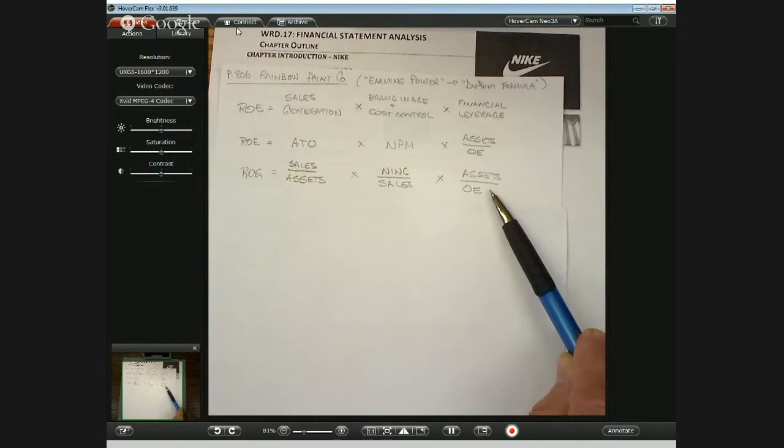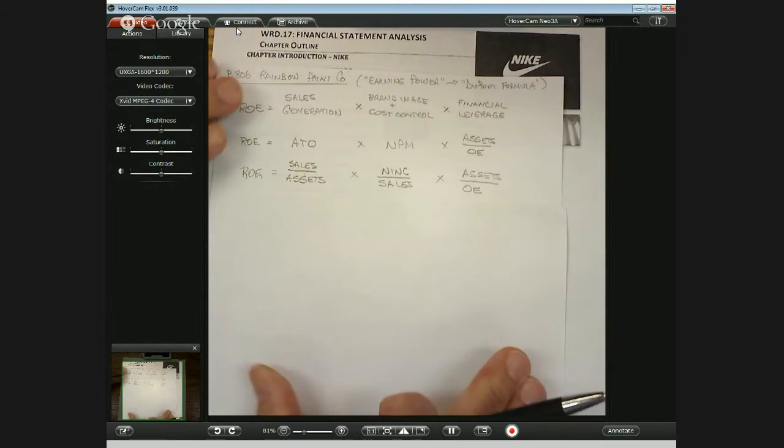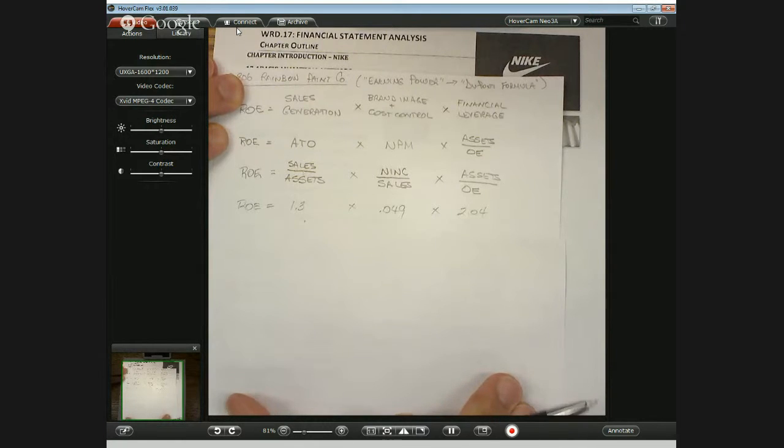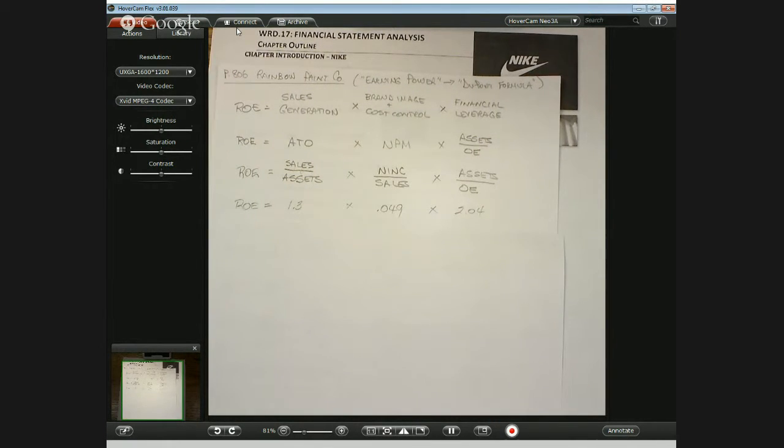And then finally, what is the bang for the buck in financing through debt? So let's operationalize some of these items. You can do this for yourself by looking on page 808 for the calculation of some of these particular ratios, and I will just summarize them right here. If you have any questions on the calculations, please send me an email and I will be sure to address them.